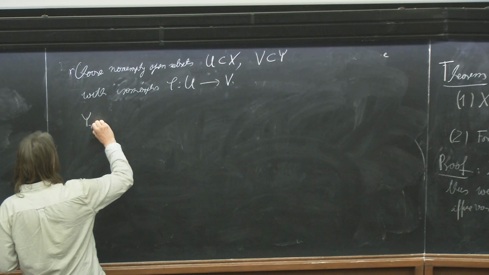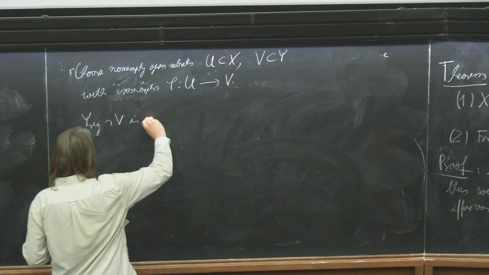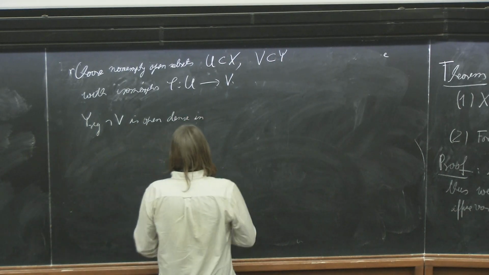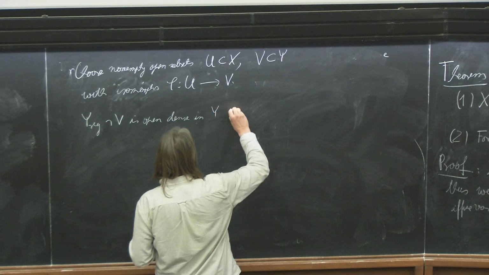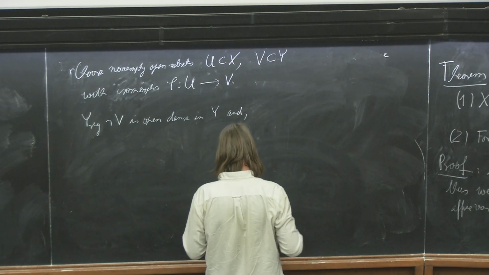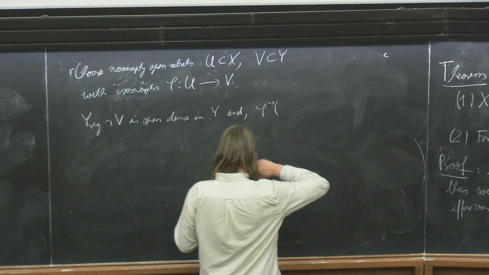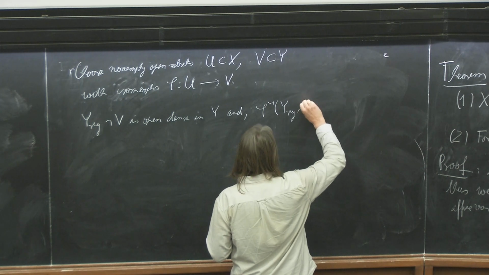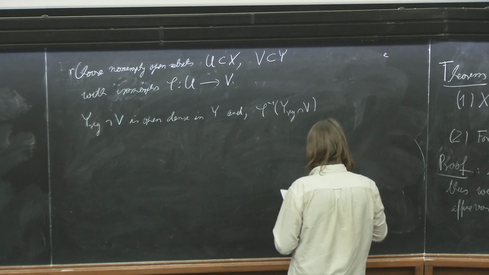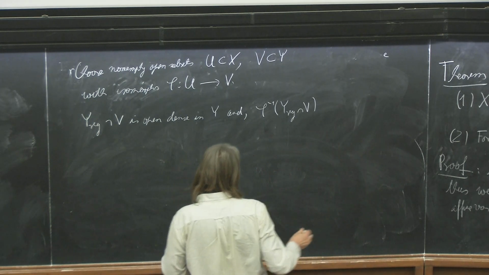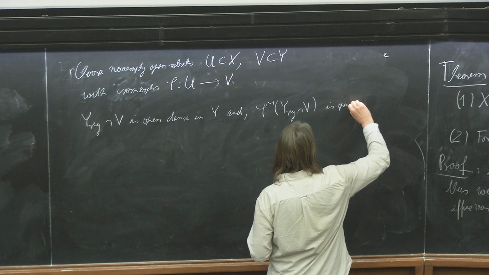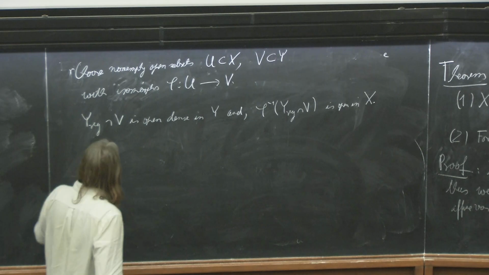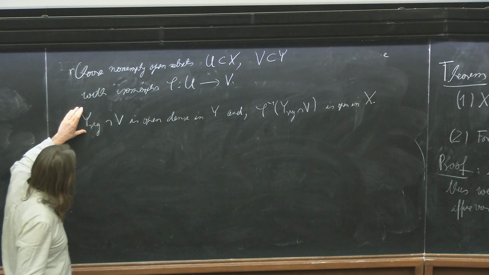So Y_reg intersected V is open dense in Y, and phi to the minus 1 of Y_reg intersected V is open in X, and these points are all regular points.